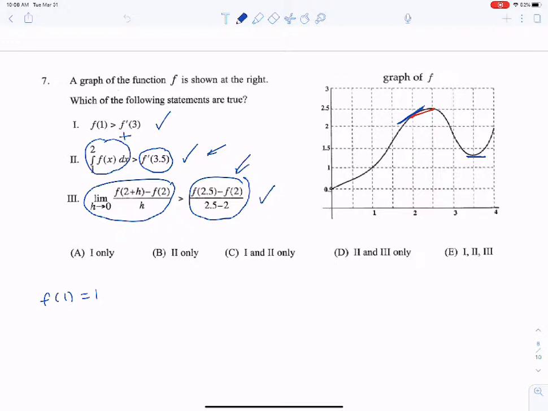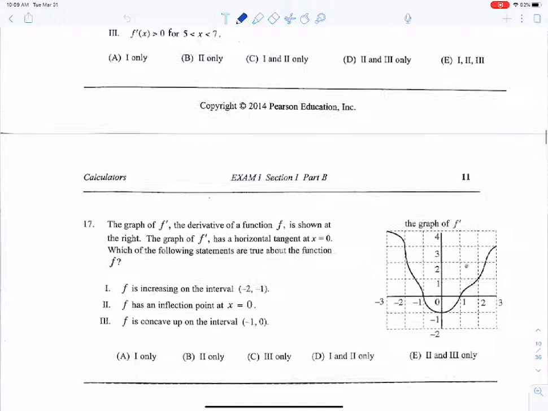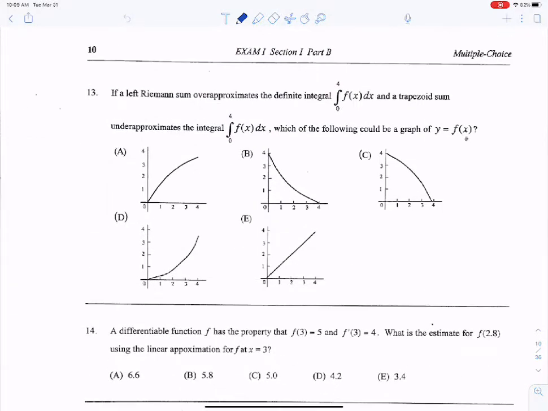Okay, let's see. Are there any questions that I missed? Were there any multiple choice questions that I missed? 13 and 15. Okay, let's see what we can do here. 13. Okay, let's see here.